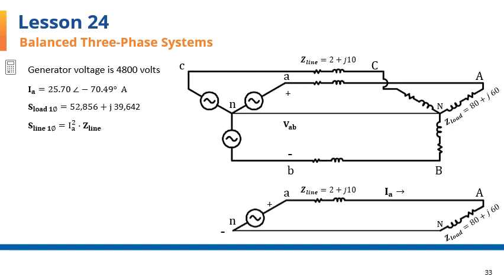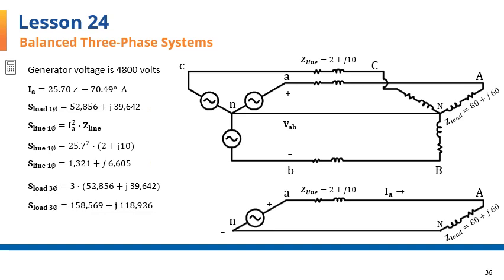And that's what I'll do in the next slide. So S for each line equals the magnitude of the current squared times Z line. And we have everything we need: 25.7 squared times the impedance of the line, and S for the line comes to 1,321 plus j6,605. To find the three-phase powers, we multiply each of these by 3.